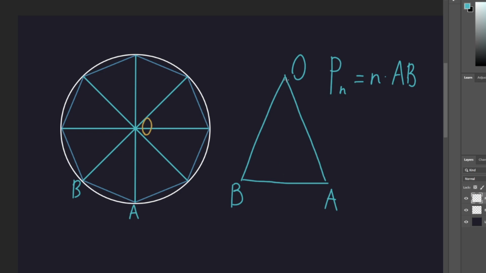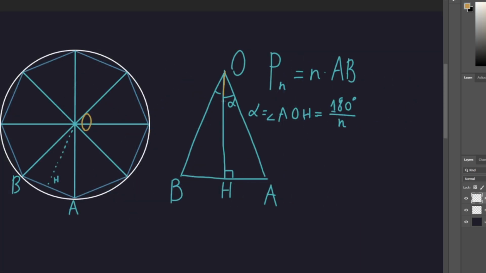To find AB, let's first draw OH. That is going to be perpendicular to AB. Since those two angles are equal, we can definitely say that the angle AOH equals 180 degrees divided by n. Let's call it alpha. Now let's look at the triangle OHA.